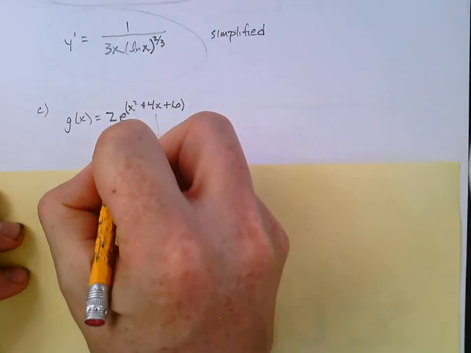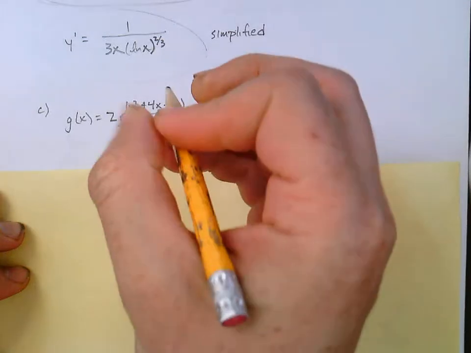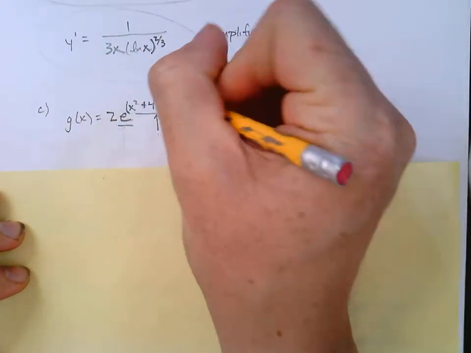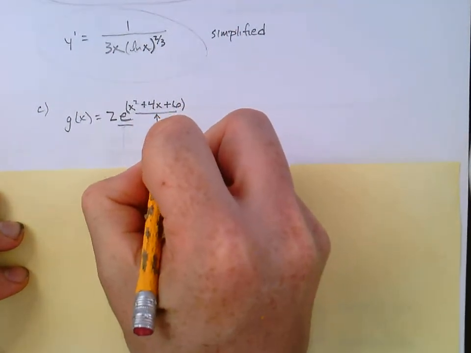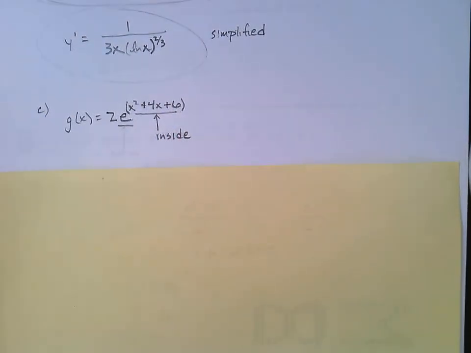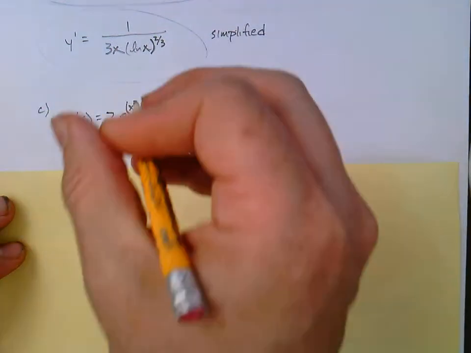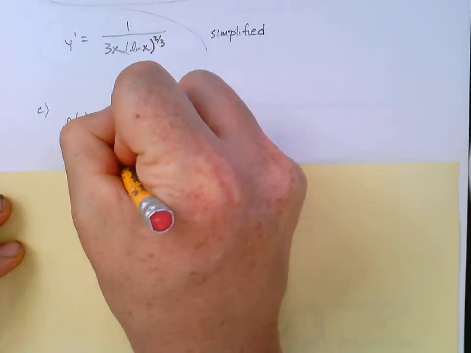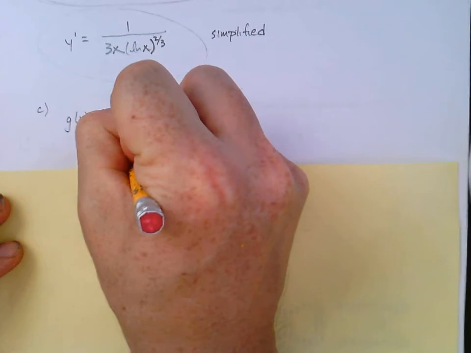But if there were parentheses, that's where we'd put it. So the x squared plus 4x plus 6, that's the inside, which means it's the e that's the outside.